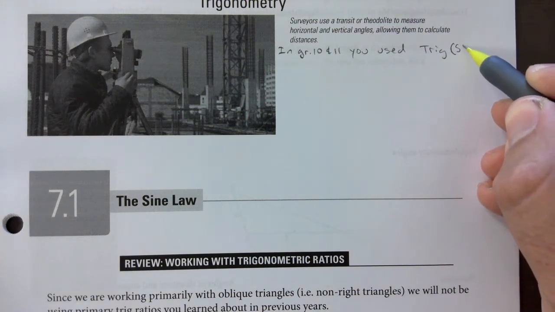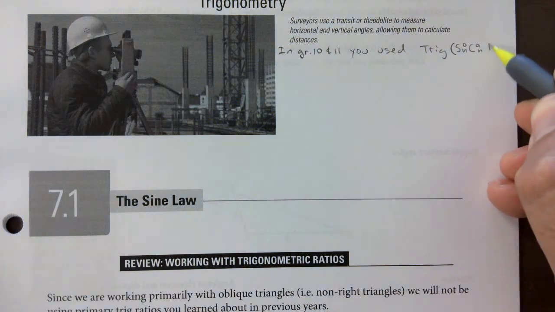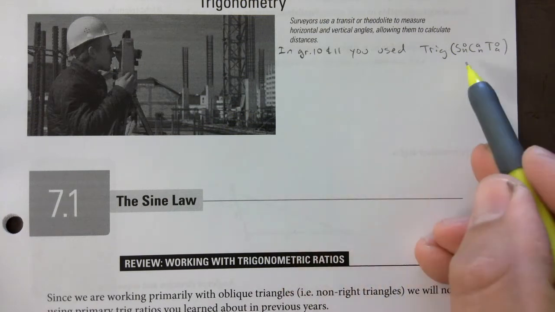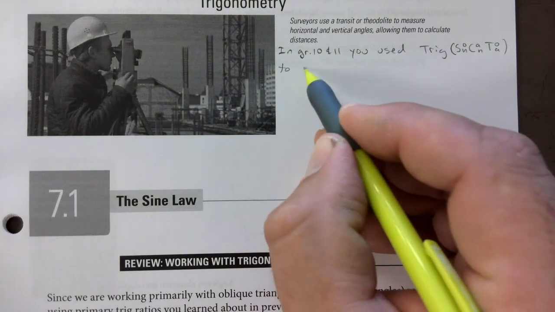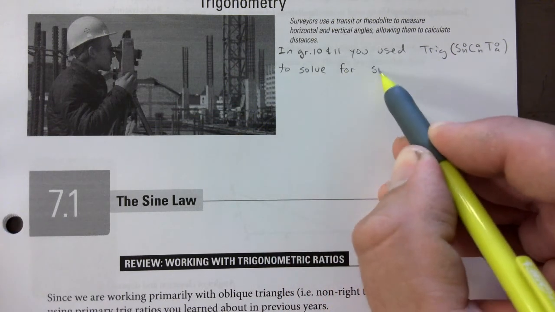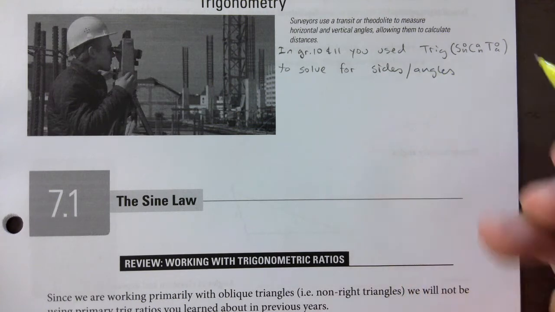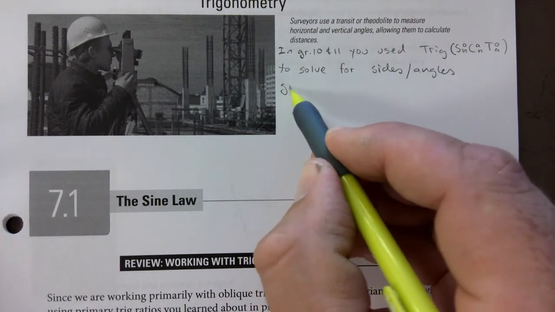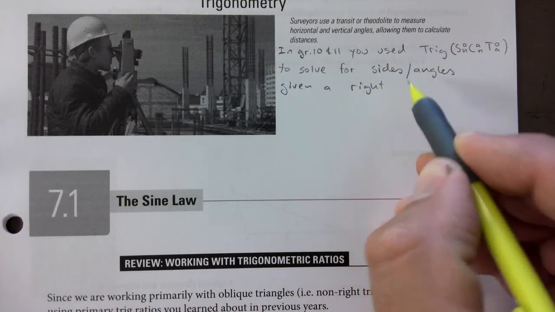I don't know what your teachers use, and not everybody uses SOHCAHTOA, but sine, cosine, and tan, right? You use trig to solve for sides and angles given a right triangle.